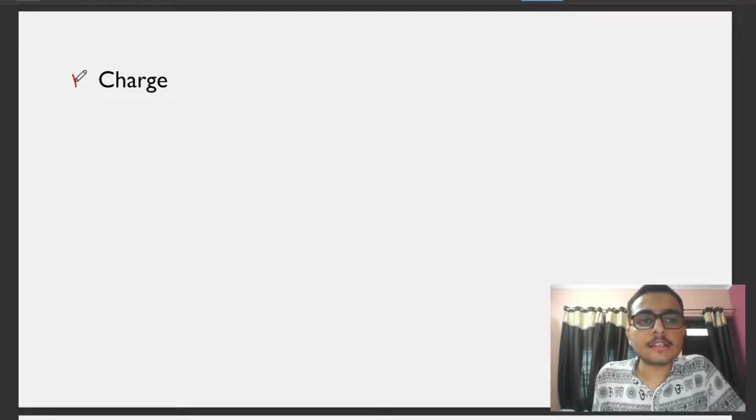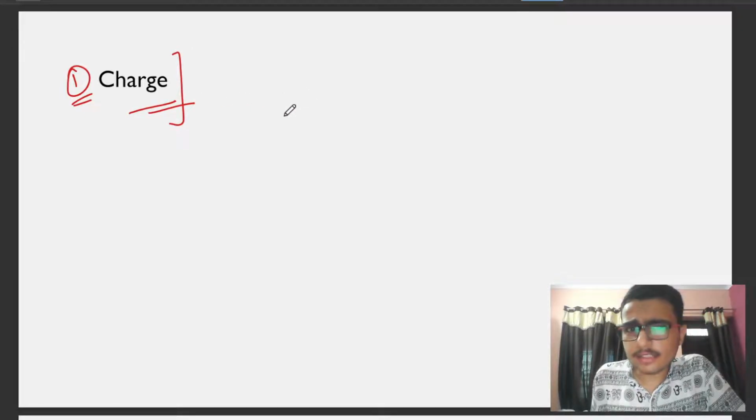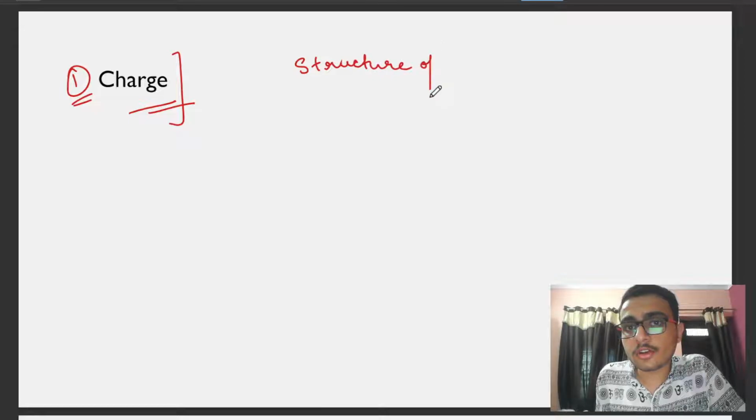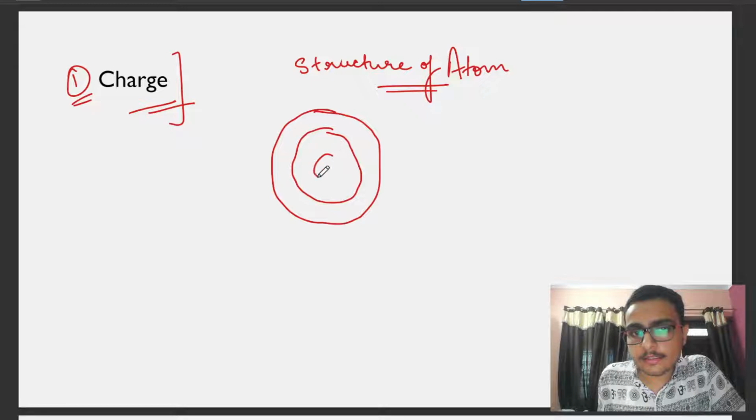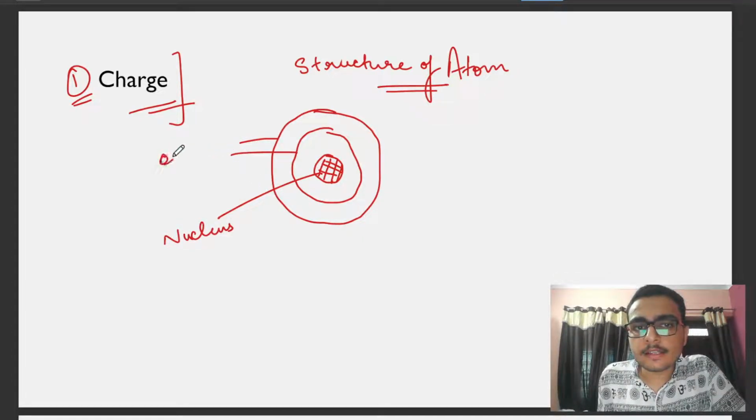The first thing is the charge. What is a charge? Have you ever heard of it? Yes, we have heard of a charge when we studied the structure of atom. Our teachers taught us that in an atom we have a center nucleus, and outside we have orbits in which the electrons revolve around the nucleus.